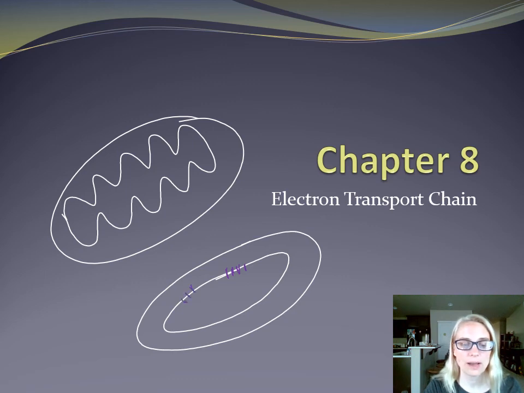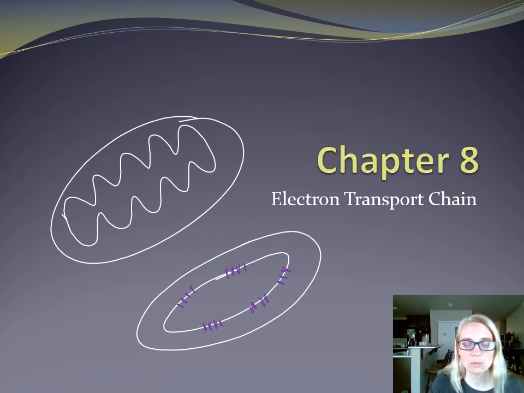So I'll just draw a couple electron transport chain sets here. Imagine if you had your inner membrane just smooth without the wrinkles. You could only fit so many sets of those electron transport chains.